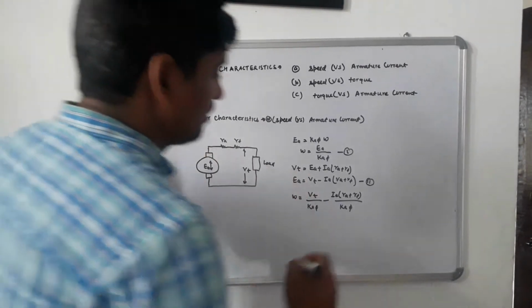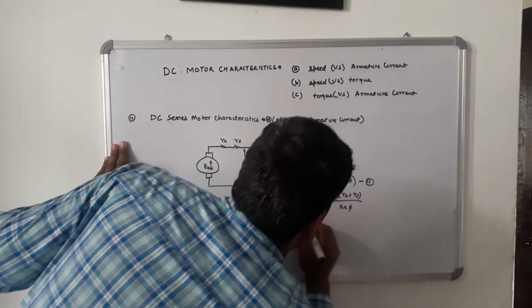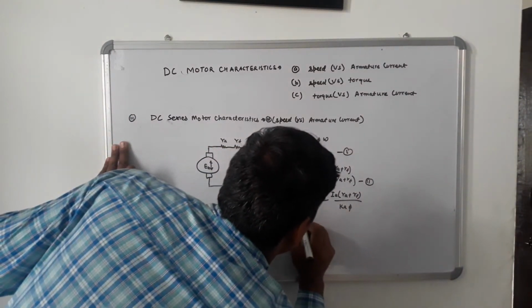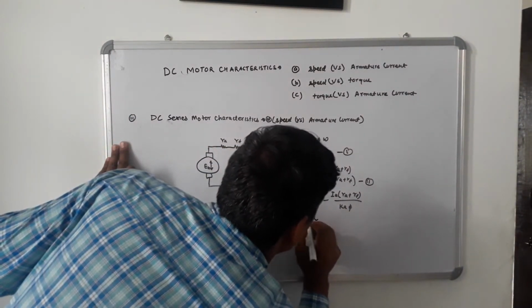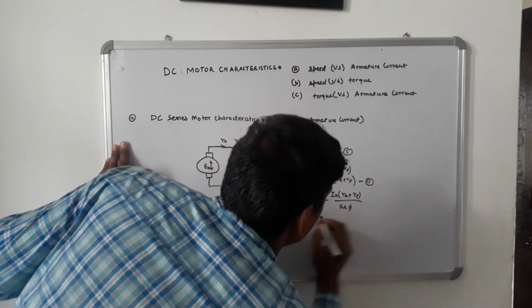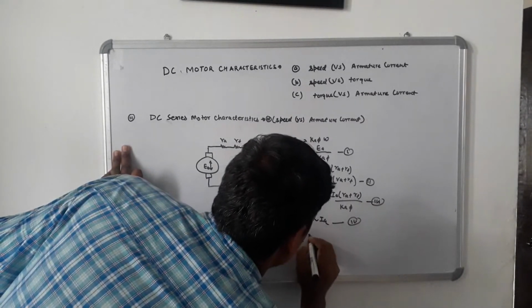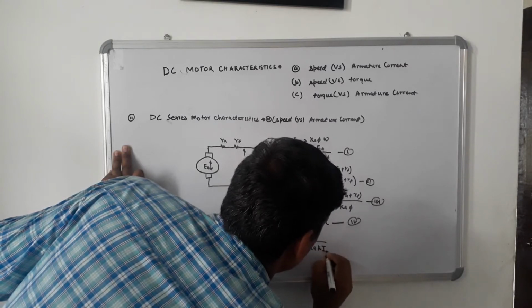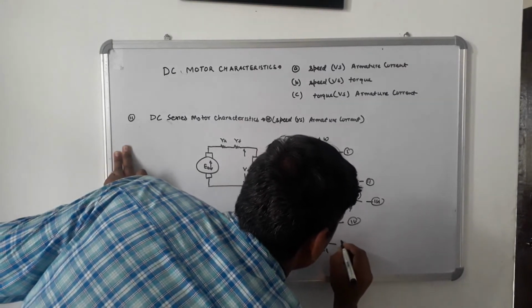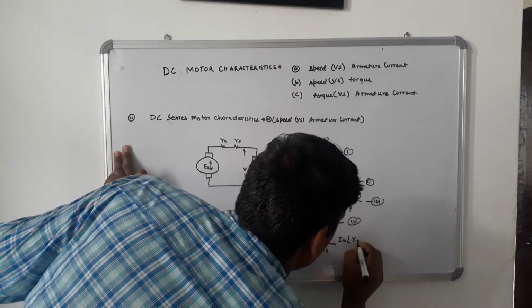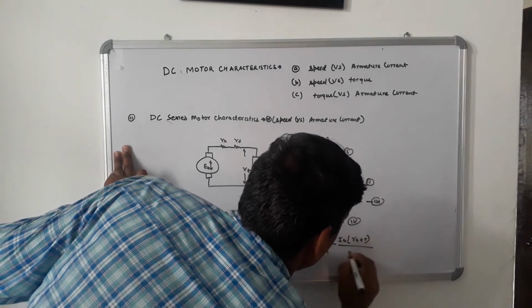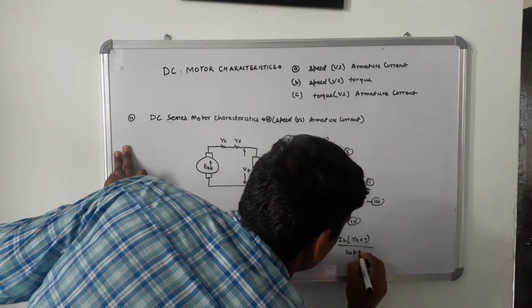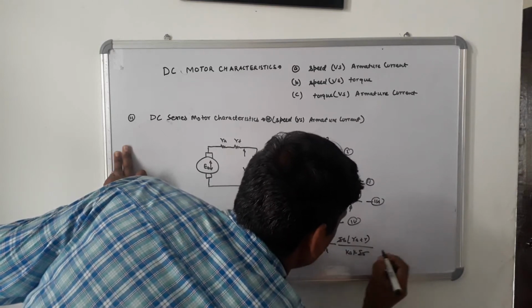As we know that phi is equal to K IA. Equations number 3 and 4, omega is equal to VT divided by K IA minus IA (RA plus RF) divided by K... IA will cancel.